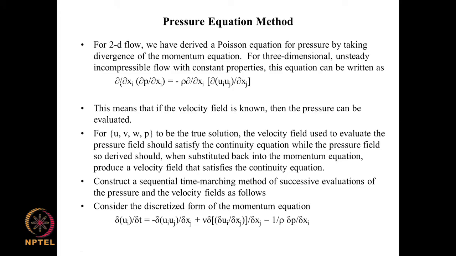So, that makes it ∂/∂x of ∂p/∂x plus ∂/∂y of ∂p/∂y plus ∂/∂z of ∂p/∂z. So, that is the Laplacian of p here, and on the right hand side we have minus rho ∂/∂xi of ∂/∂xj of ui uj.